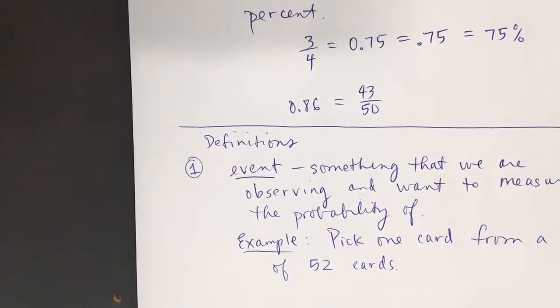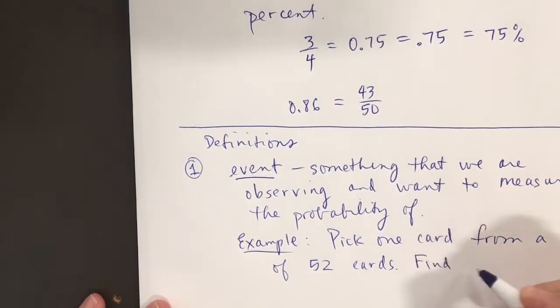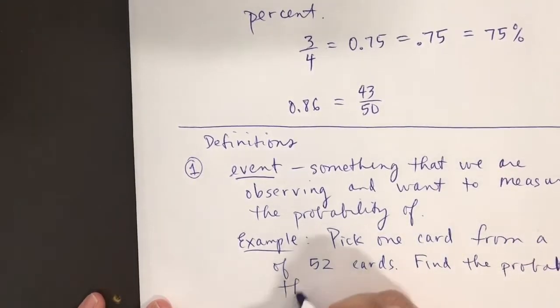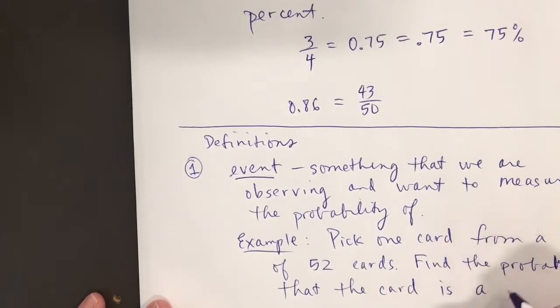And something like find the probability that the card is a heart.